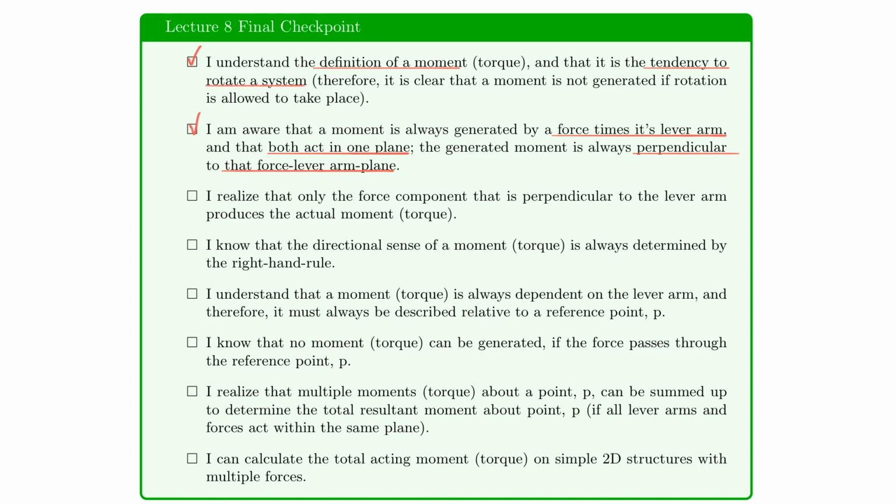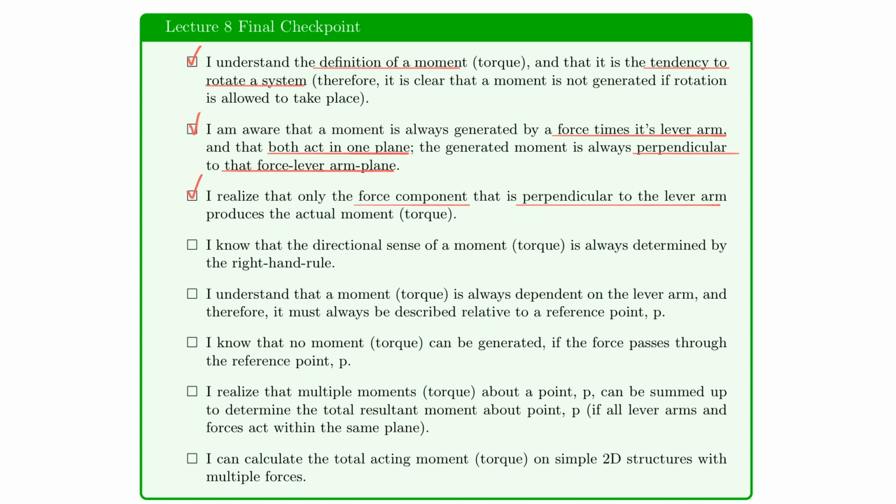All right, furthermore, we definitely understand that we need the perpendicular component, and this could be either the perpendicular lever arm or the perpendicular force component. It doesn't really matter, but only the perpendicular component really creates the torque or the moment. Please memorize this.